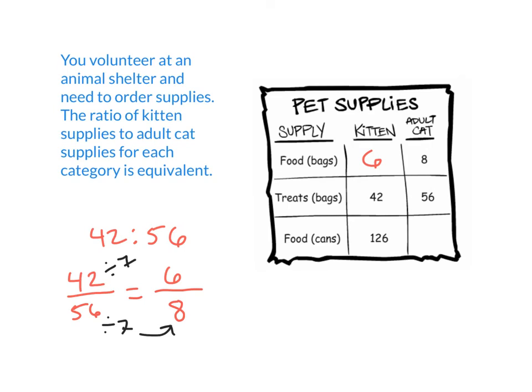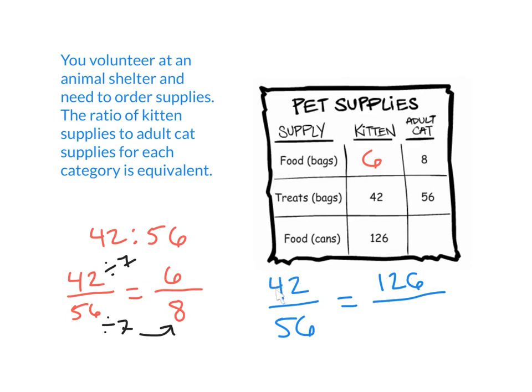Now, I also know that 42 to 56 is equivalent to 126 to something we don't know. So let's write it in fraction form again. I have 42 to 56 is equal to 126 over something.